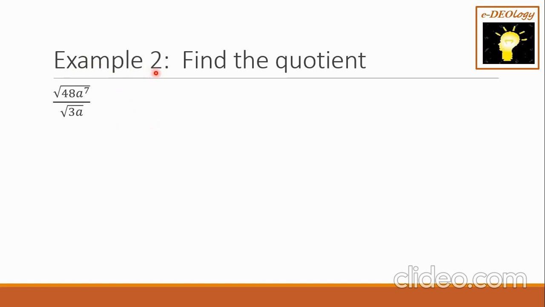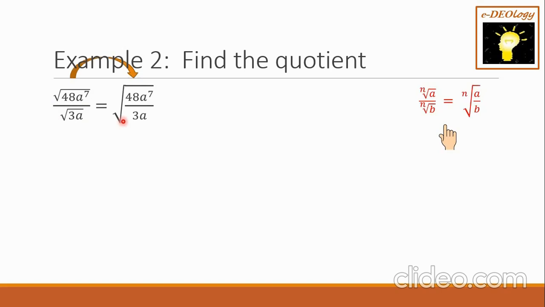Let's have example 2. The square root of 48a raised to 7 divided by the square root of 3a. This is equal to the big square root, and the fraction inside is 48a raised to 7 over 3a. So we now apply the quotient property here.